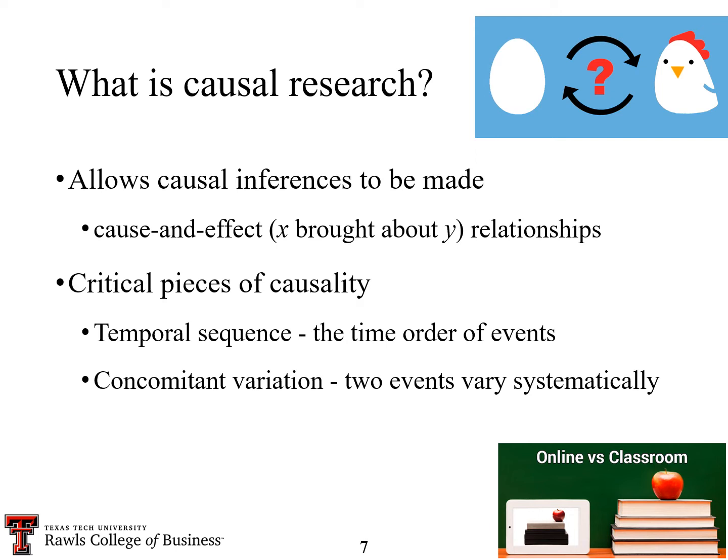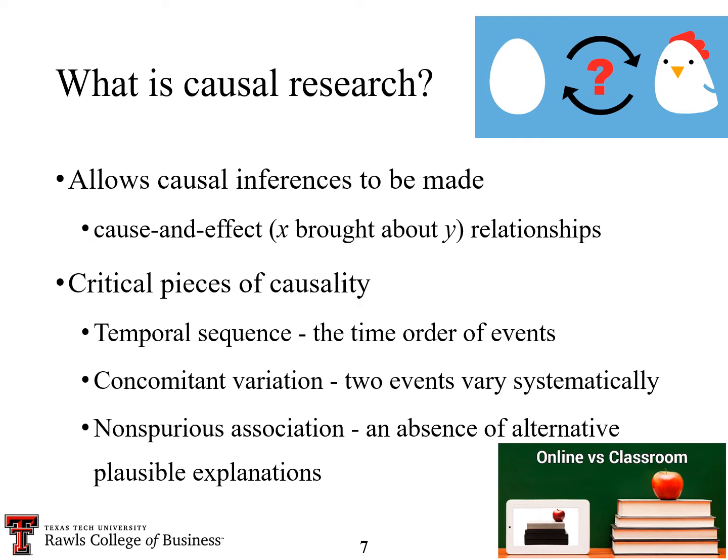We know that there's some type of variation that goes into play with this. And so we could assess whether online classrooms perform better than face-to-face classrooms, and we could assess the variation between the two.